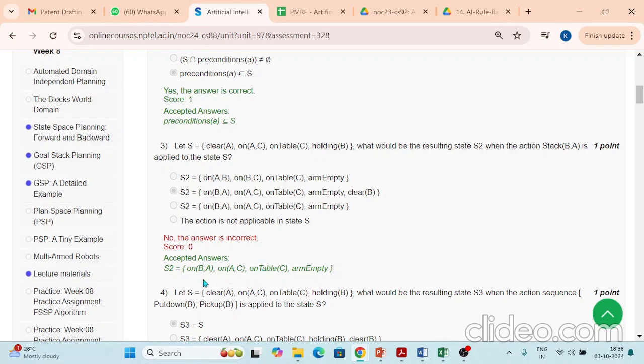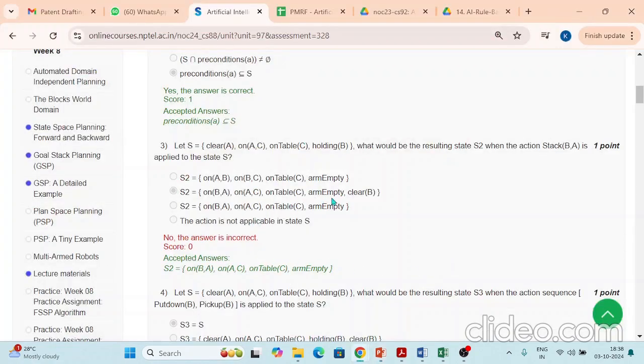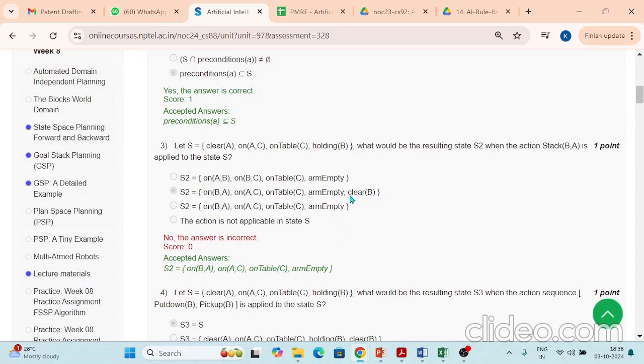Only on B A, on A C, on table C, and arm empty. That's why the answer is this one. We are not supposed to include clear B. Normally, without going for this analysis, we would see that above B we are not having anything and directly include clear B in our answer.